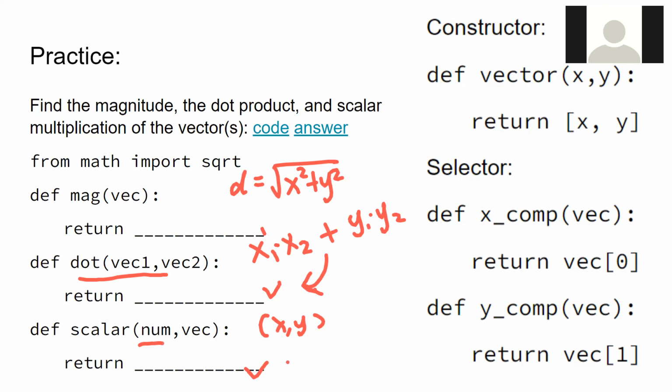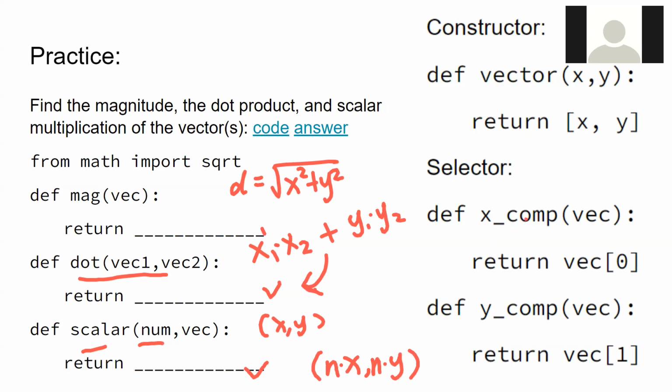So you should use the vector constructor in the scalar multiplication function: the vector is x and y, the number is n, and you get n times x and n times y. Together they create a new vector, and this is what we want returned. So: magnitude, dot, and scalar.